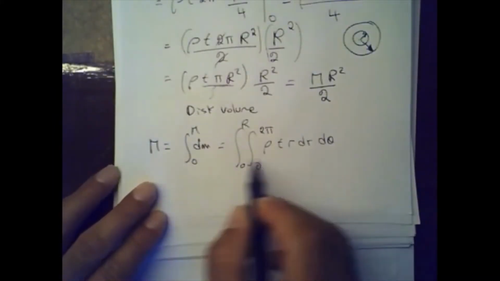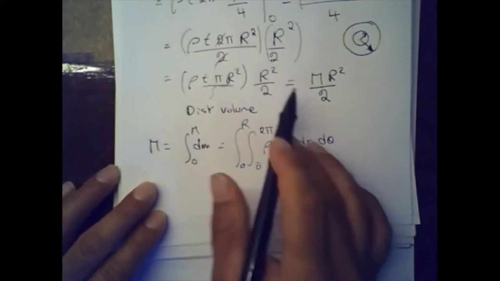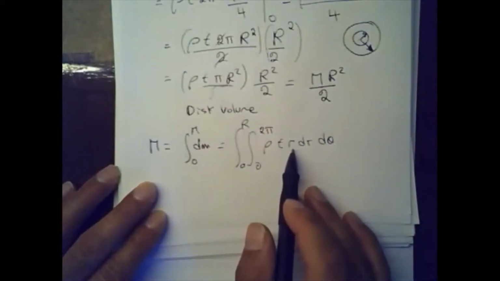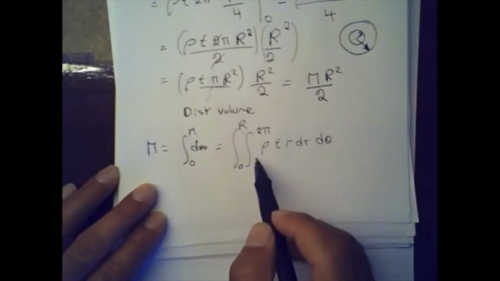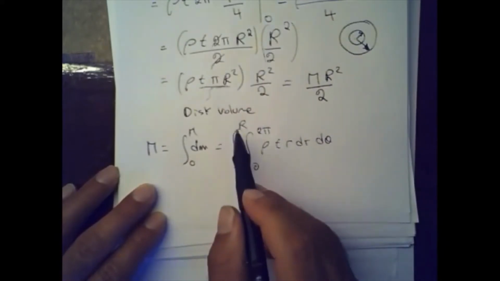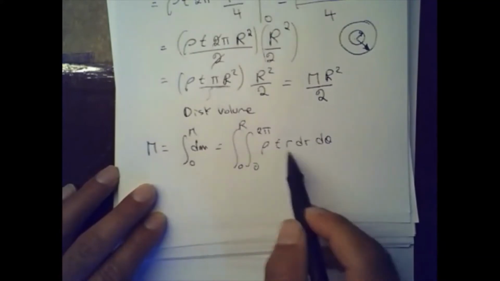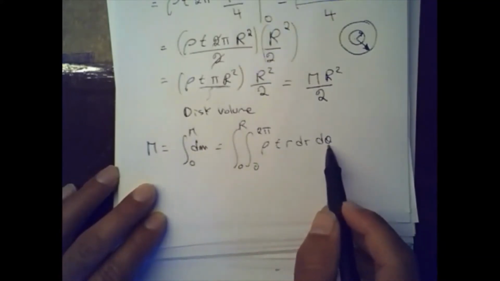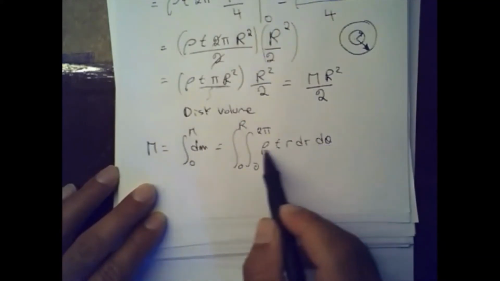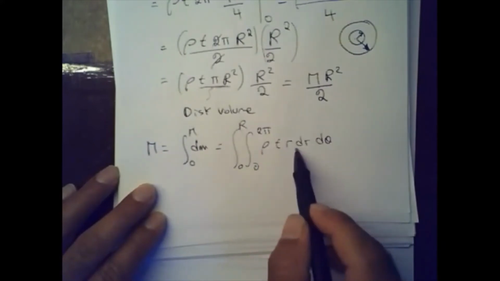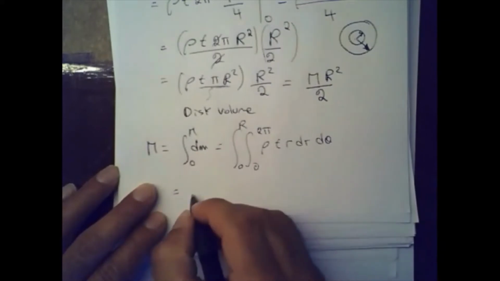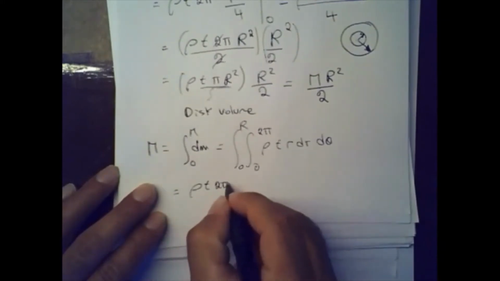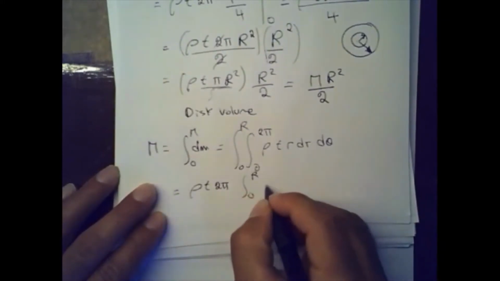Okay, so if you want to get another way of doing that, basically you can integrate the mass, and here basically we replace whatever that we had for dm earlier, and we are doing this double integral. We know the theta is alone. We don't have any other items that are a function of the theta, so I can do this alone, and I'm gonna get rho t times 2 pi and 0 to r.